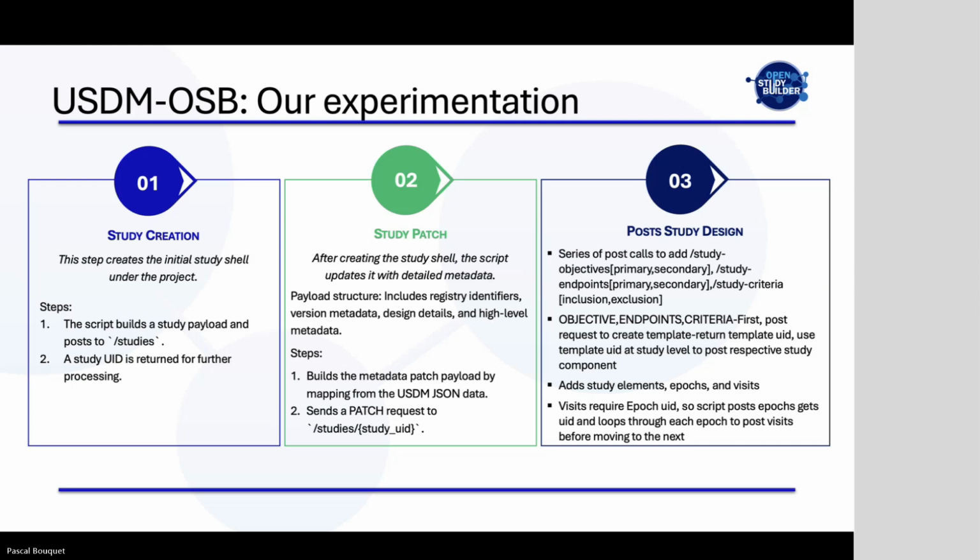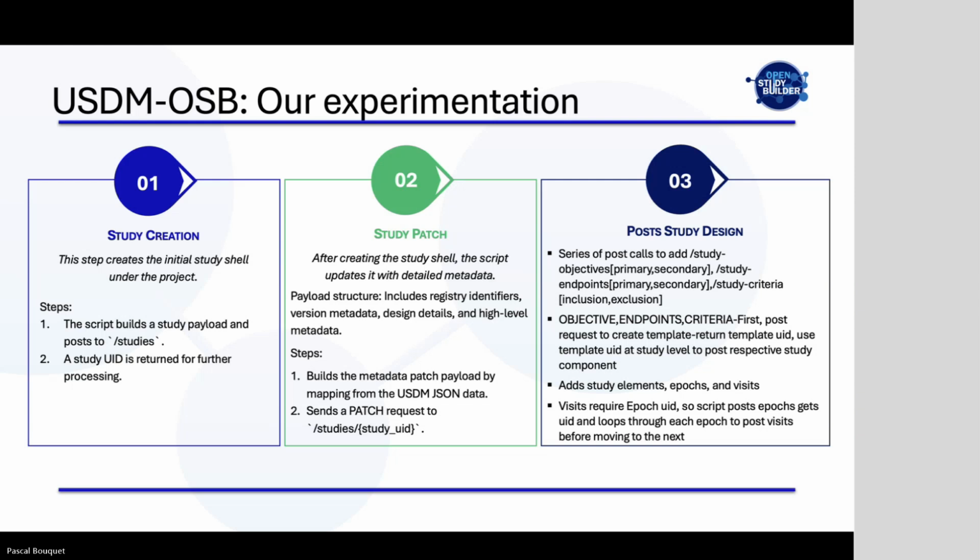So it goes through the USDM JSON file, looks through the population section and the identifier section, and tries to get this information, and pushes and patches it. Once this is done, in the front end we see that we have a section with this information populated, and if something is missing, it means at the moment it was not there for that protocol, or it's not there in that USDM file as well.